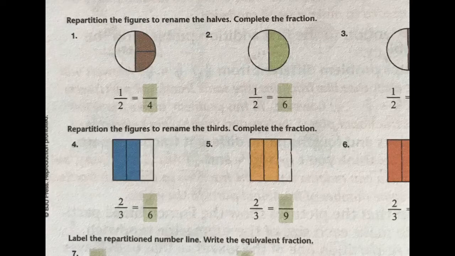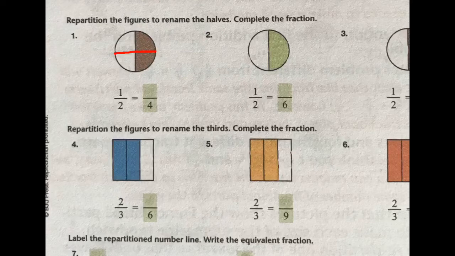But we're going to partition it into fourths. So what we need to do is we need to cut this across to make fourths. So add that cut across yours. And we can still see now that the brown stays the same, right?